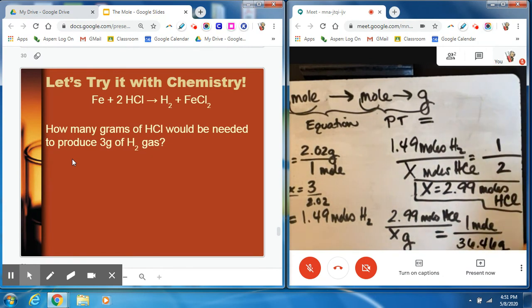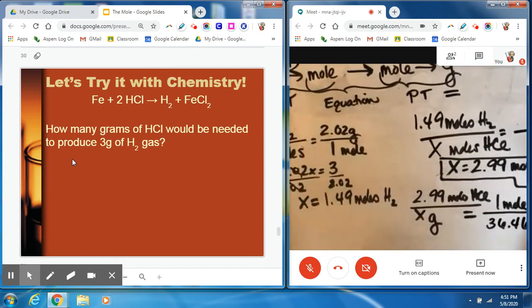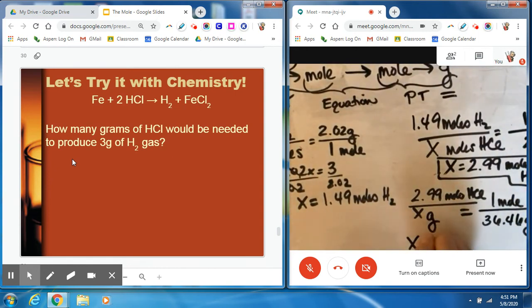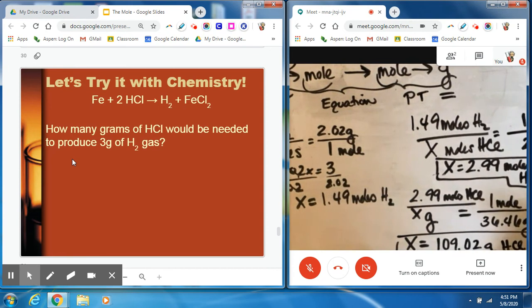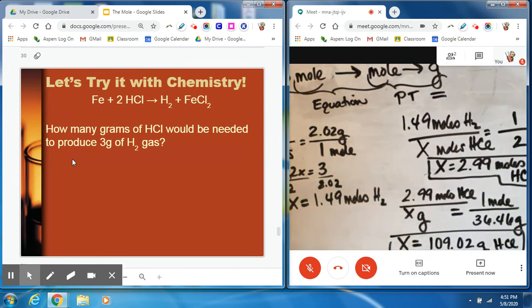Cross multiply and solve for x, and what we're going to find out is that x is equal to 2.99 times 36.46, 109.02 grams of HCl. And that is how you would do that for an actual chemical equation.